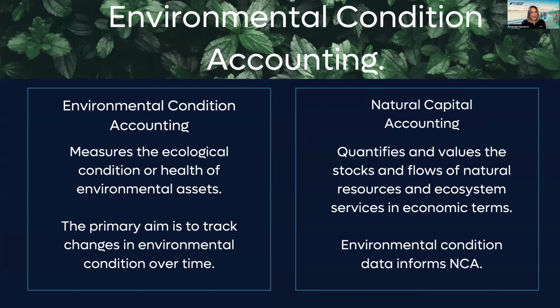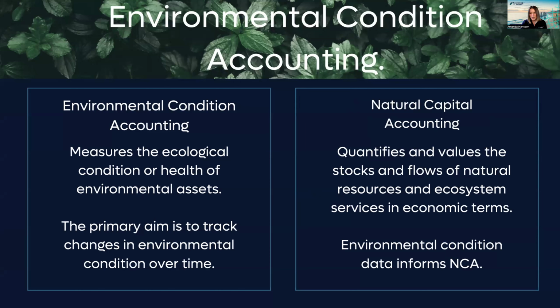And I wanted to flag the slight difference between environmental condition accounting and natural capital accounting. So environmental condition accounting is the focus of the Accounting for Nature framework, and it's really looking at the ecological condition or the state of nature, and it's focused on tracking change in that state of nature over time.